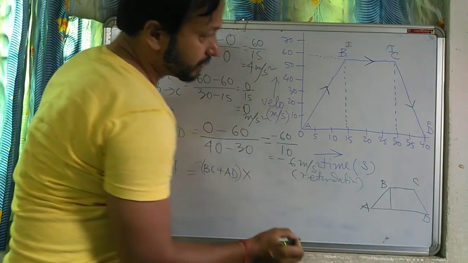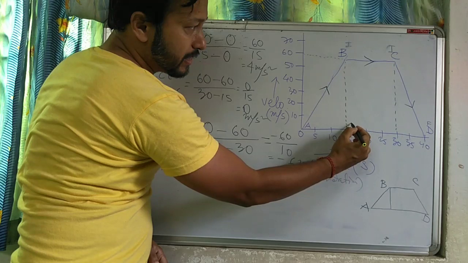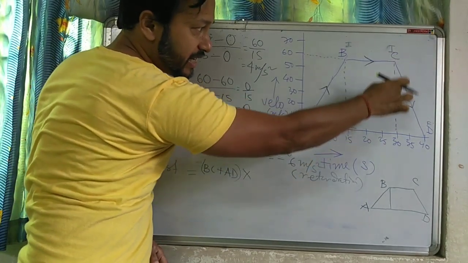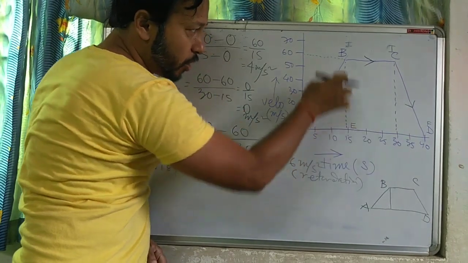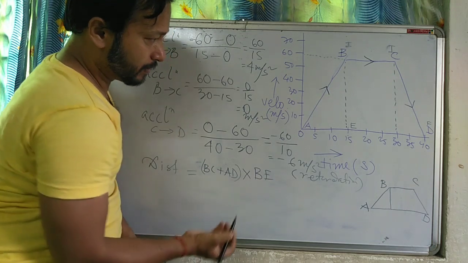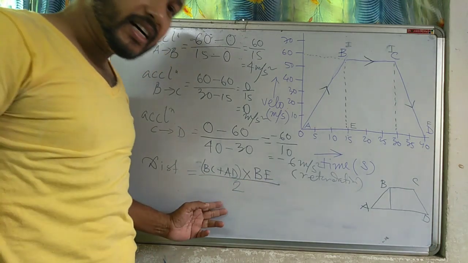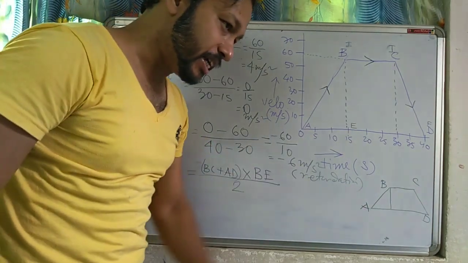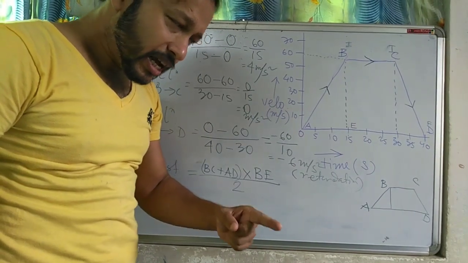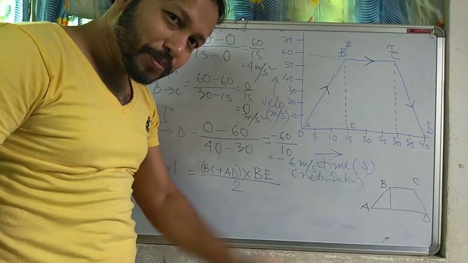This height means BE. You can also see this is height, or this is also height. Height means the distance between the parallel sides.